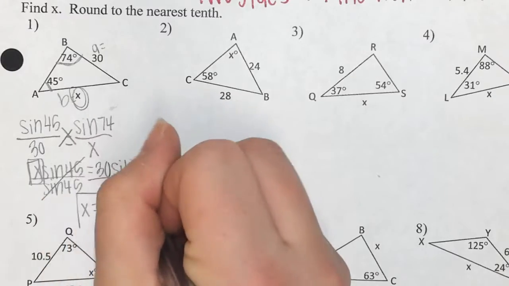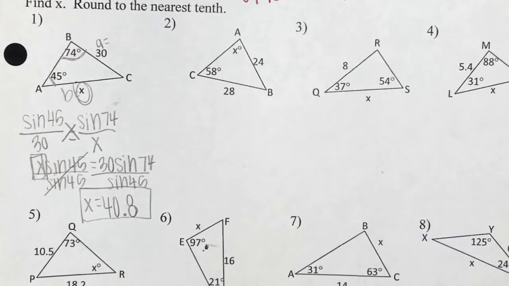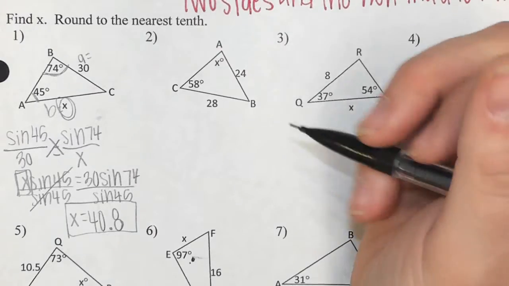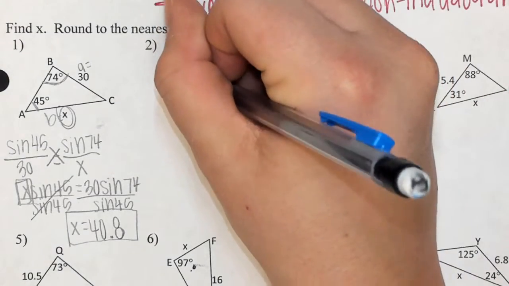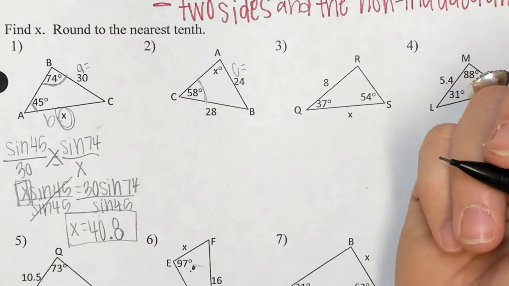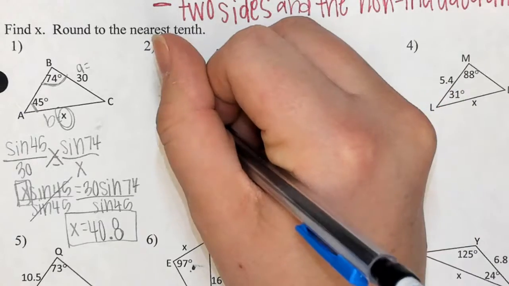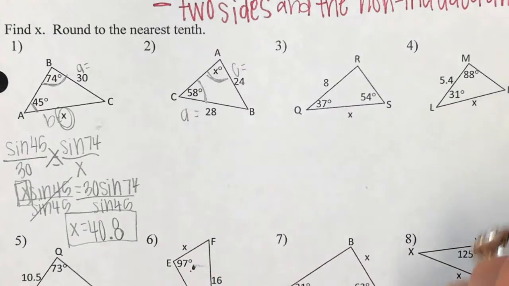All right, let's go to number 2. I know angle C, so across from that is side C. I don't know angle A, but I do know side A. So in my law of sines formula, I'm just not using B. I'm only using 2 at a time.